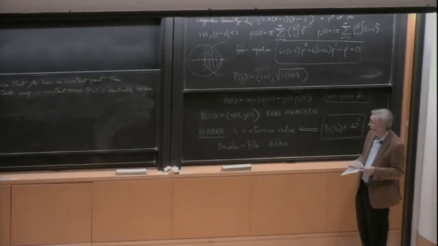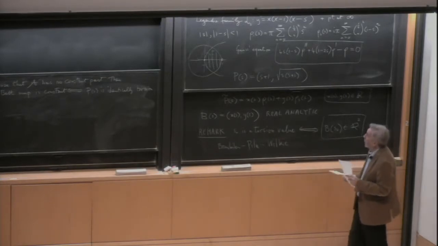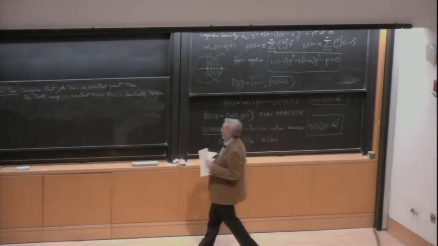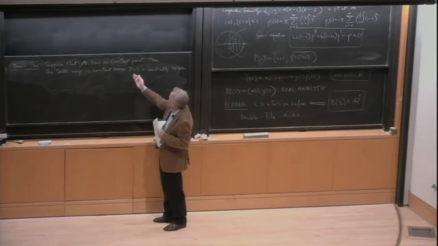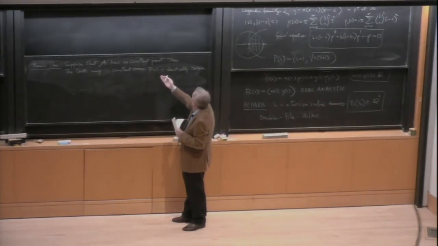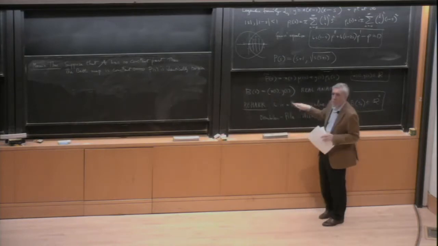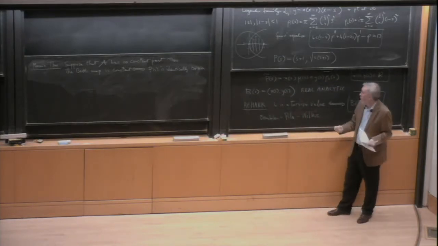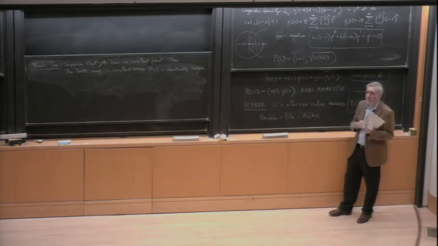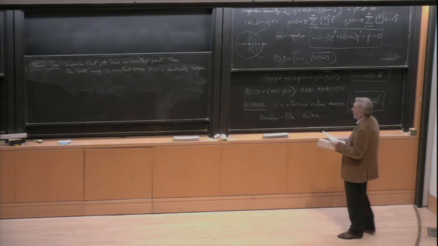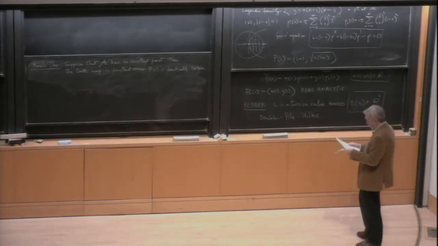So in one direction, the theorem is easier. If P of S is identically torsion, then these functions assume rational values, and being continuous, real analytic, so continuous, they must be locally constant. But the converse is more subtle.